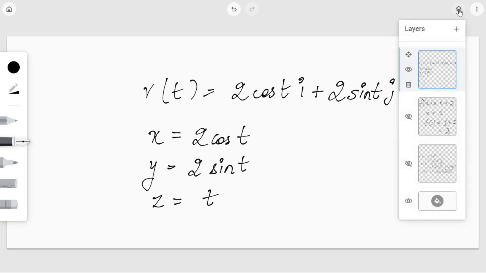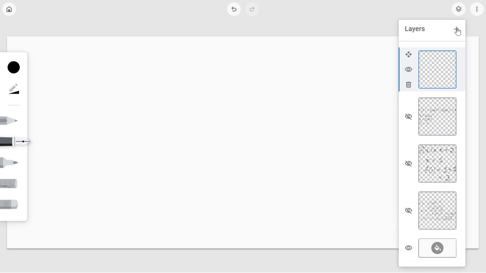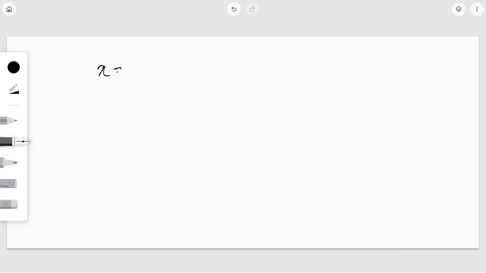Now we are all familiar with the trigonometric equation cos square t plus sin square t is equal to 1. So we have x is equal to 2 cos t and y is equal to 2 sin t.